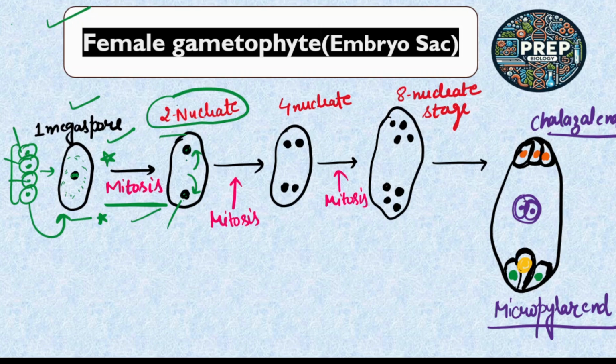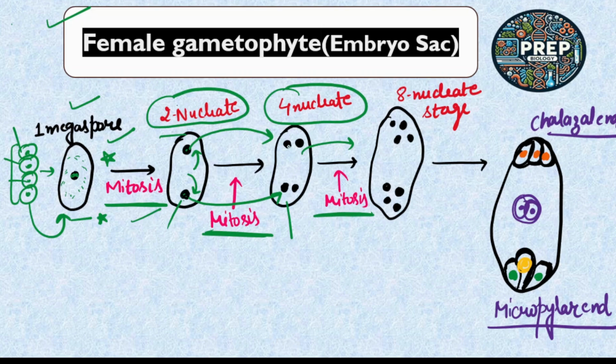Now, in the 2 nucleate stage, another mitotic division occurs. This 1 nucleus changes to 2 and this 1 nucleus changes to 2, so in total we have the 4 nucleate stage. In the 4 nucleate stage, another mitotic division occurs, and these 2 nuclei are converted to 4, and these 2 nuclei are converted to 4.